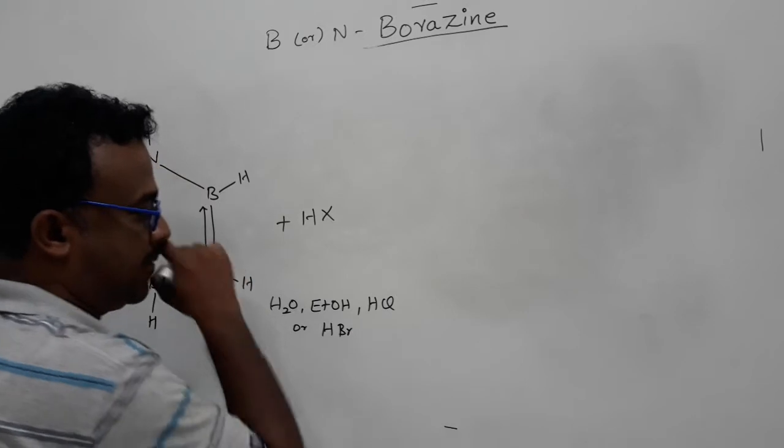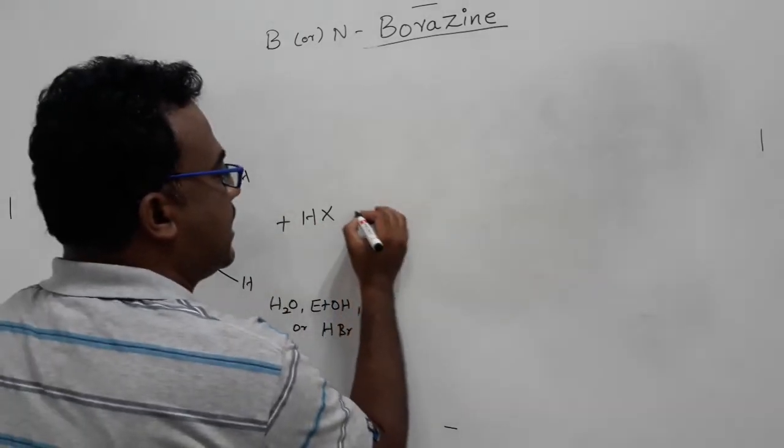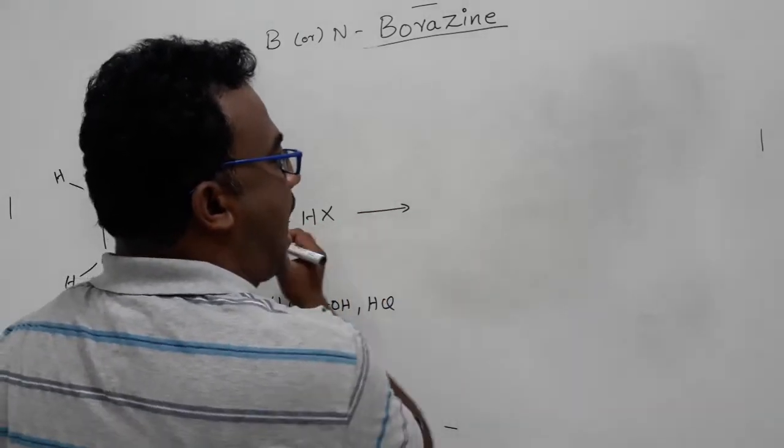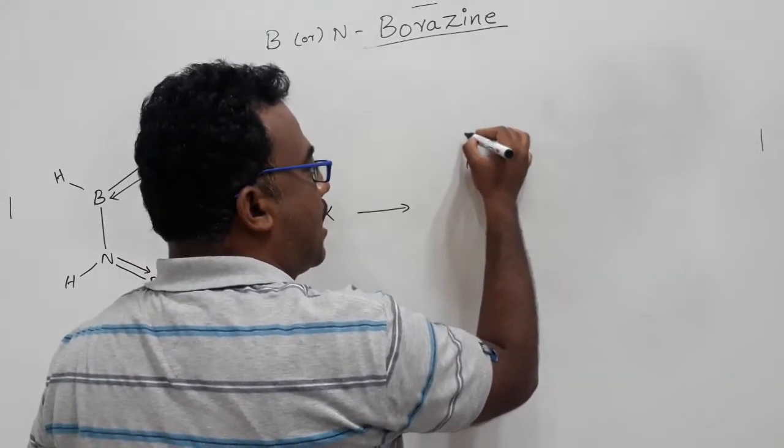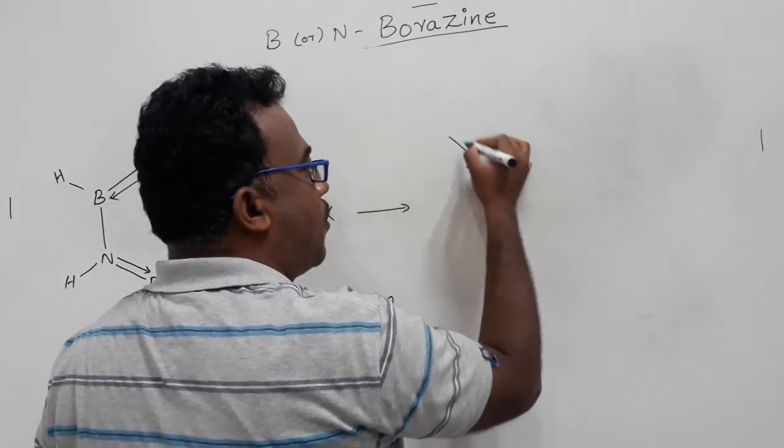Any one of them, if it reacts with borazine, it can readily undergo addition reaction. Why addition reaction? Because nitrogen has more electron density.